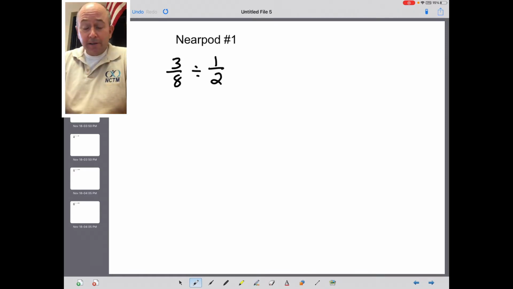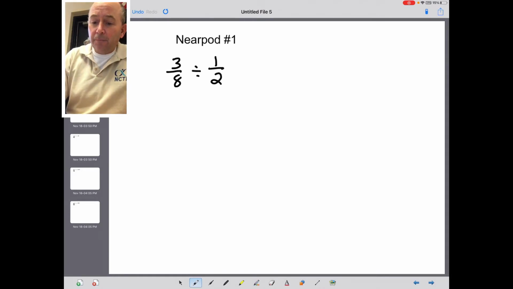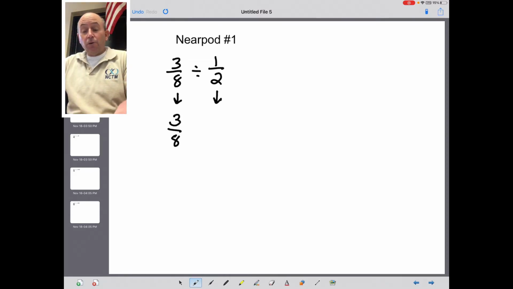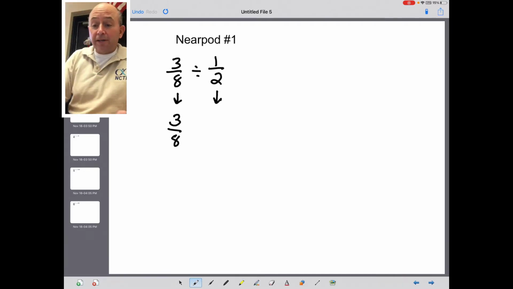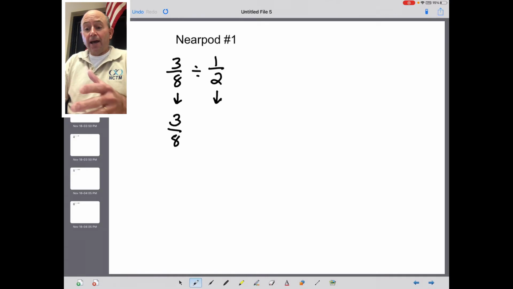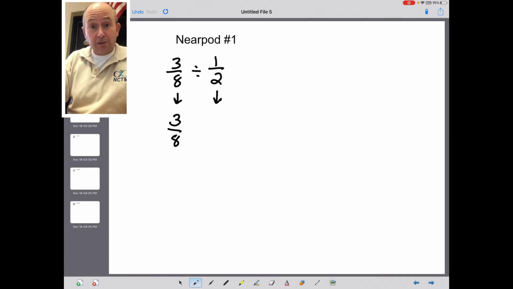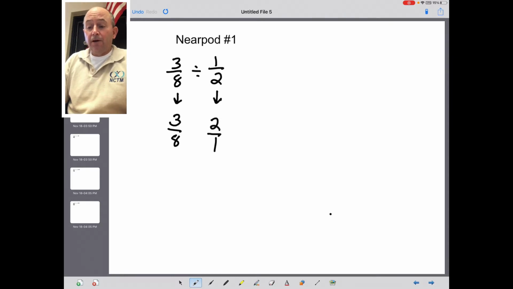Okay, all right, here's what you need to do, kids. When you divide a fraction by a fraction, you're going to leave the 3/8, or the dividend, the way it is. When you bring down your divisor, the 1/2, you're going to turn it into the reciprocal of 1/2, which will be 2/1. Okay?